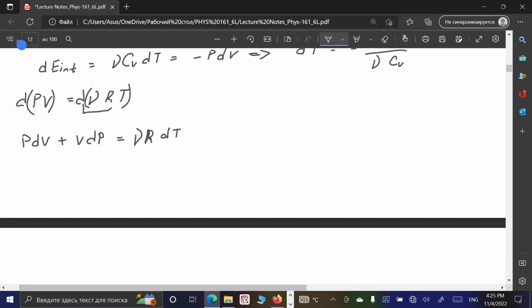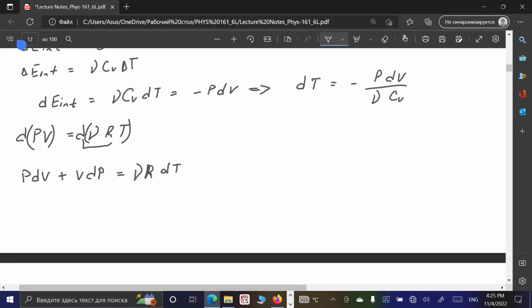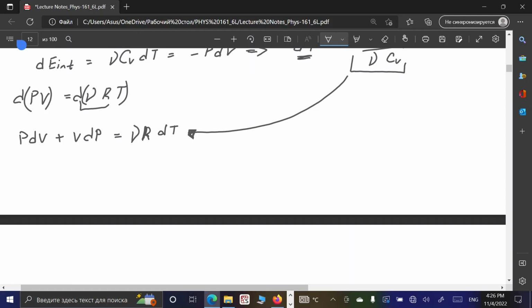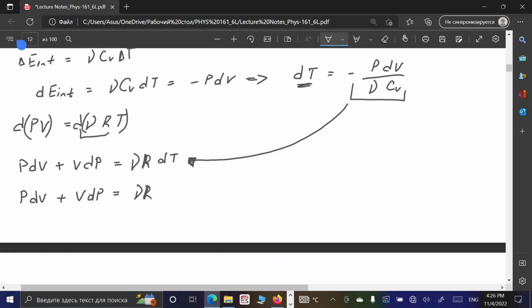So we have this equation, and now we need to make it specific to the adiabatic process. For that, we substitute this definition of small change of temperature into this equation. So we have P times dV plus V times dP equal to nu times R times minus P times dV over nu times Cv.